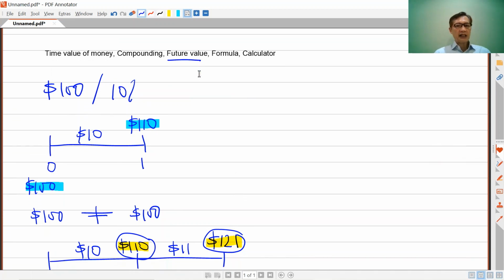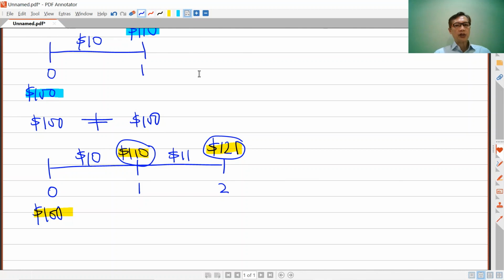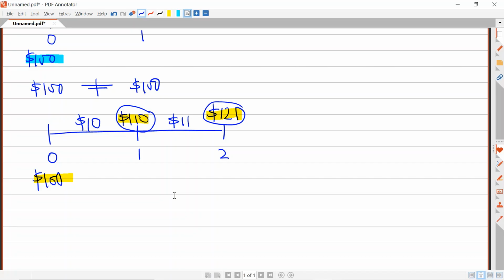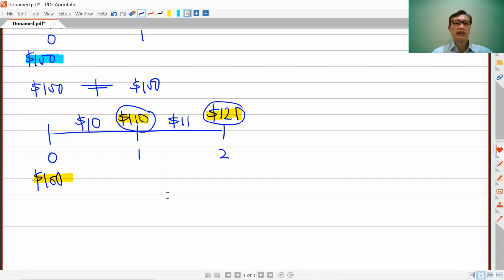And the process of getting to the 110 and the 121, we actually call compounding. So what is the compounding here? Let's get into the compounding right now. You have noticed that in the first year, the interest is $10, which is 10% on the $100. And in the second year, you notice that it is $11. That means it is $1 more.